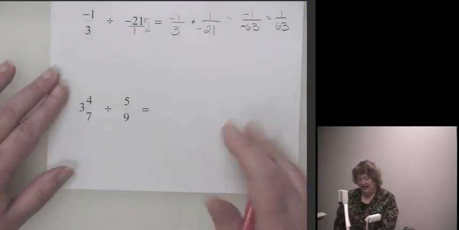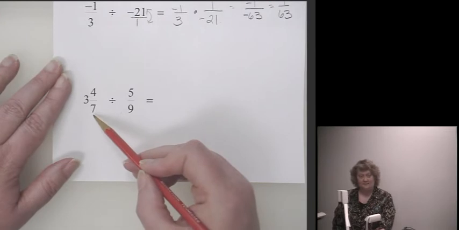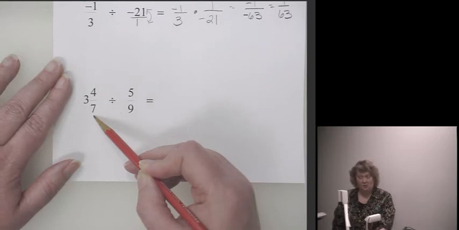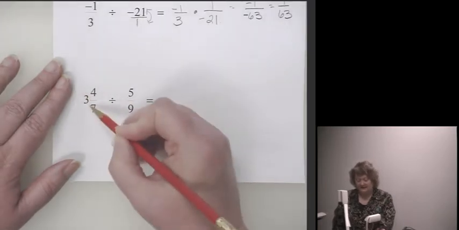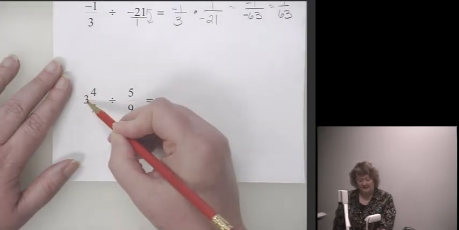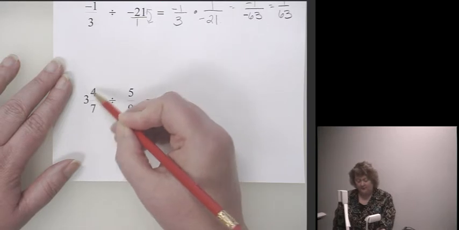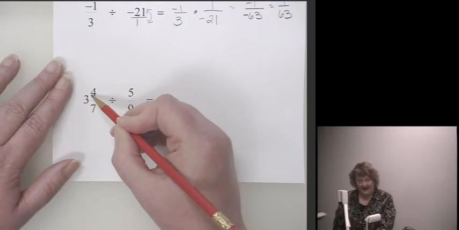Okay, let's look at our last example, which contains a mixed number. Because it contains a mixed number, I want to change it into an improper fraction. 7 times 3 is 21. 21, 22, 23, 24, 25.